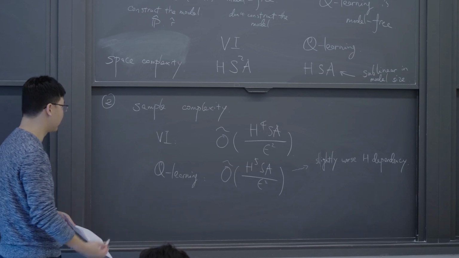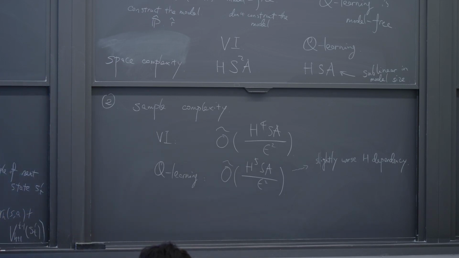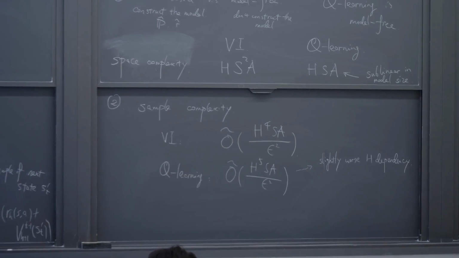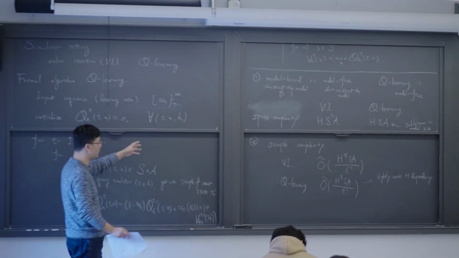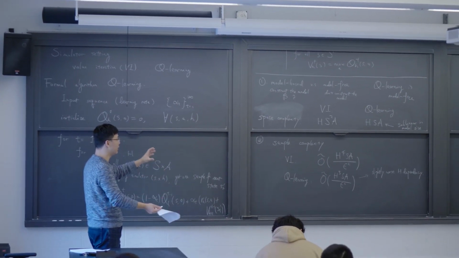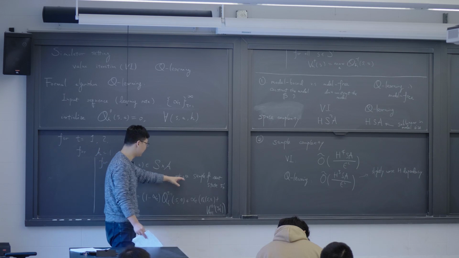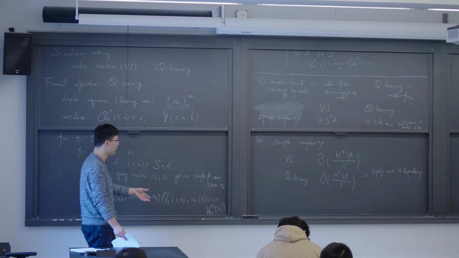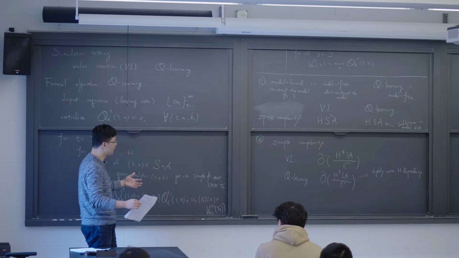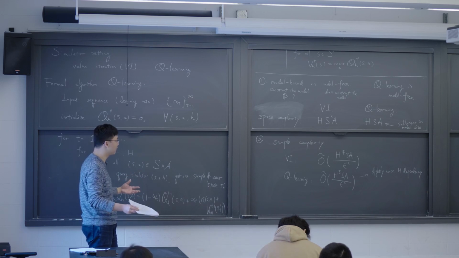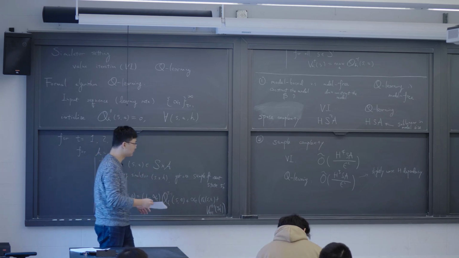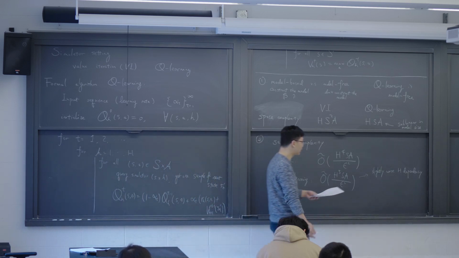In terms of samples, by doing this incremental update, you can more or less imagine this is not as efficient as the previous value iteration algorithm, which collects all the data and uses all the data simultaneously. While here, you use the data in the beginning and then throw the data out, and then you collect new data. So in that sense, you don't utilize the power of each sample to its maximum. That's why it has a slightly worse H dependency.